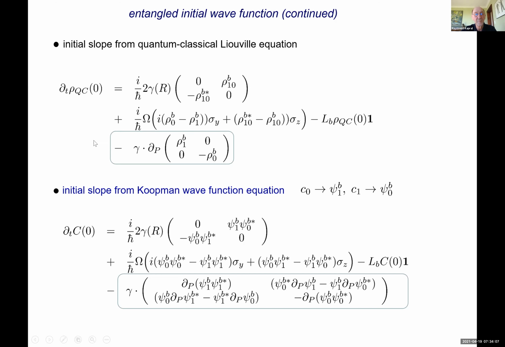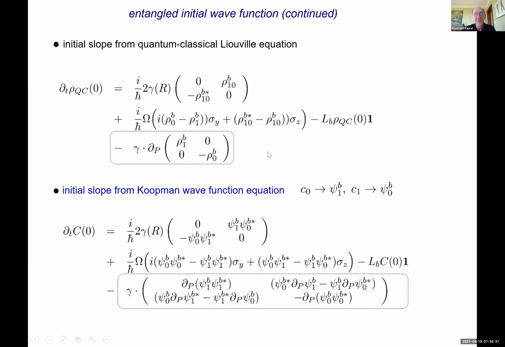But again, in the box, I want to point out a feature that arises in this case, which is that for the quantum classical Liouville equation, you have the momentum derivative of these two population terms that appear here for the bath variables.